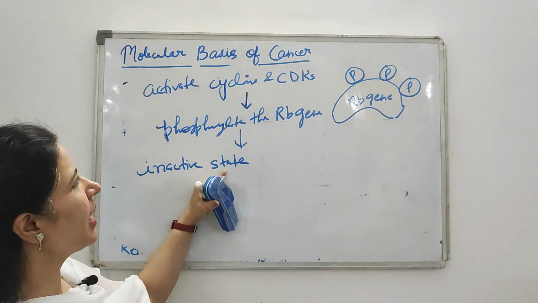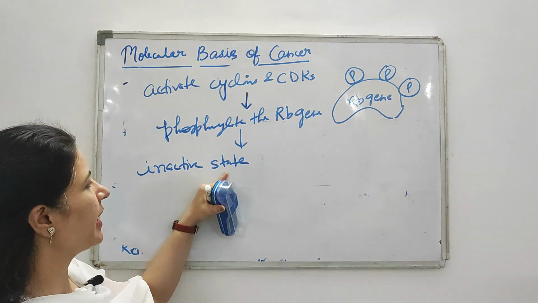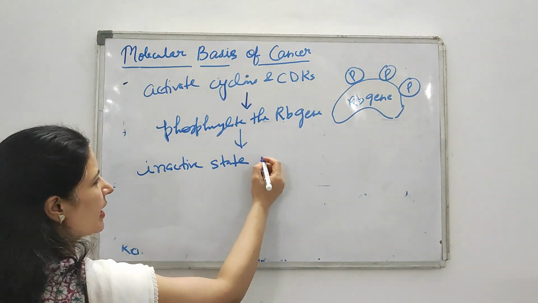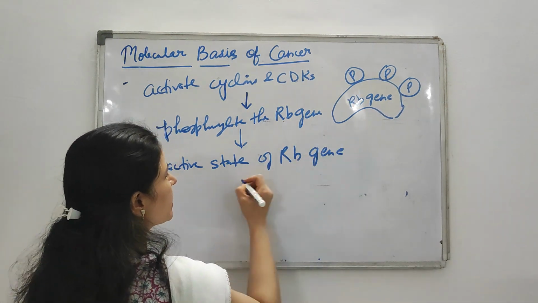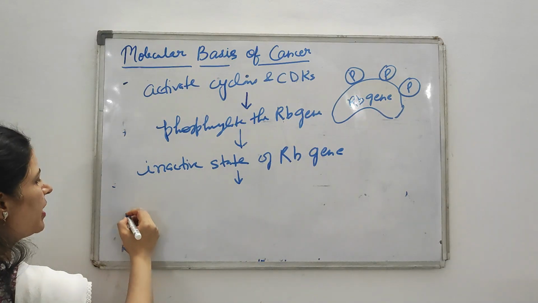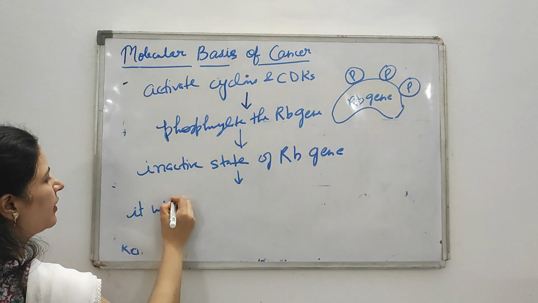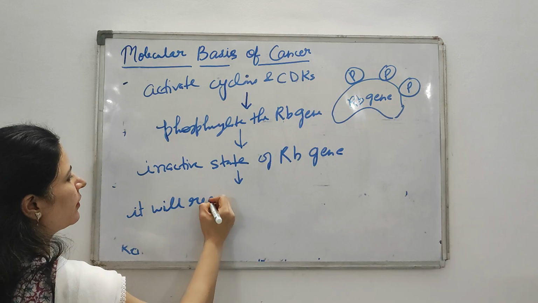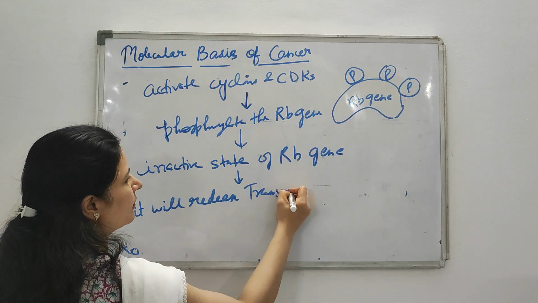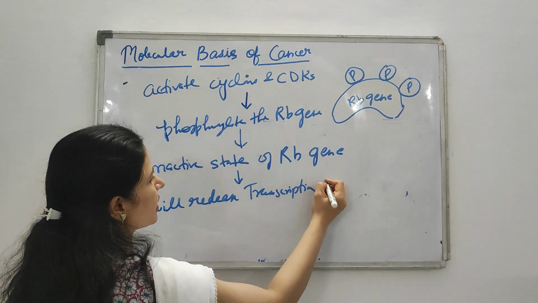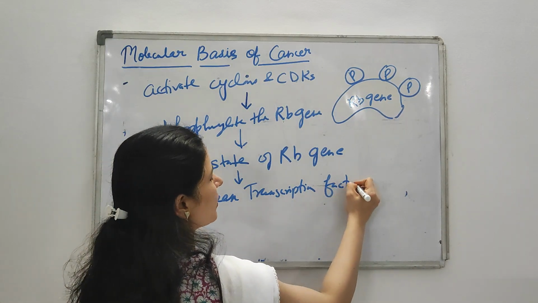When RB is phosphorylated, it becomes inactive. And when the RB gene is in its inactive state, what will it do? It will release a transcription factor. And which transcription factor mainly?